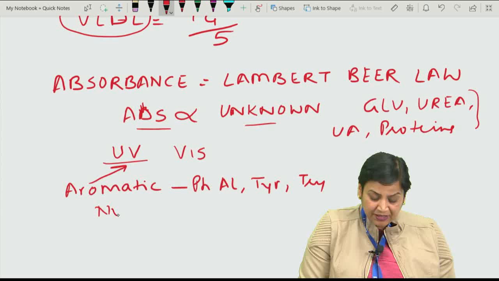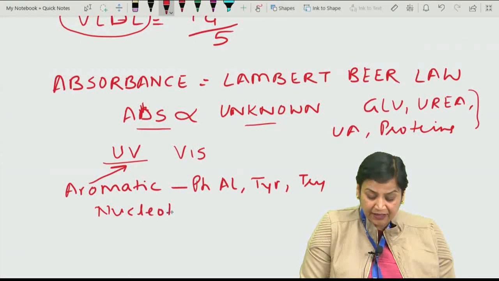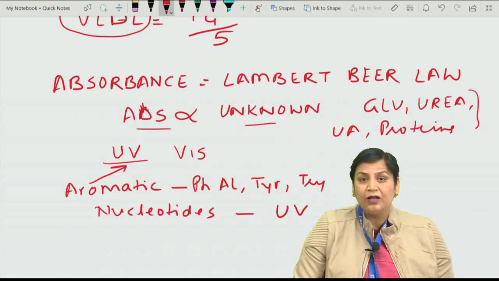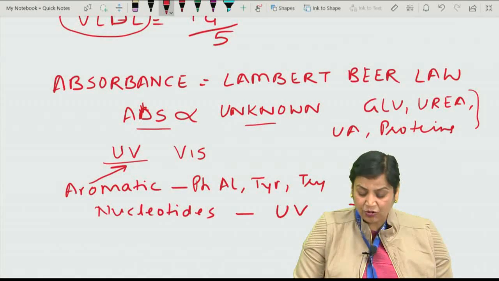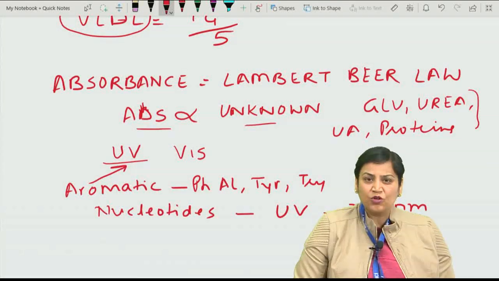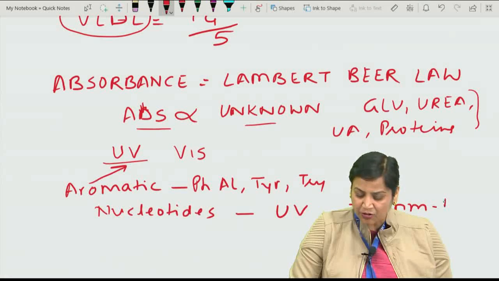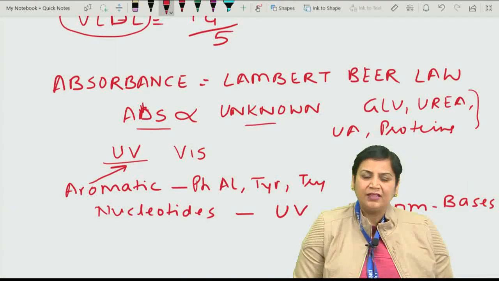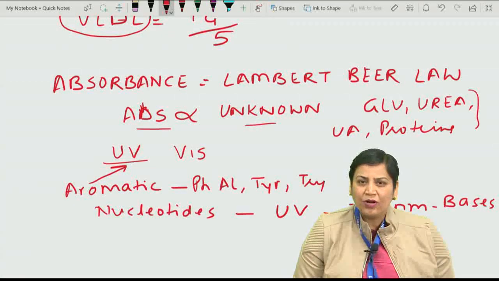Similarly, nucleotides like DNA and RNA, they also absorb at UV light. They absorb at roughly 260 to 280 nanometers we can say, and this absorption is mainly due to the presence of the bases in them. Because if we see the structure of DNA and RNA, they have hydrogen bond.